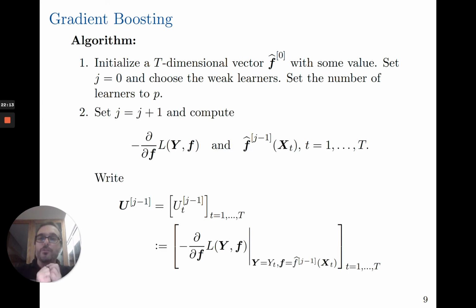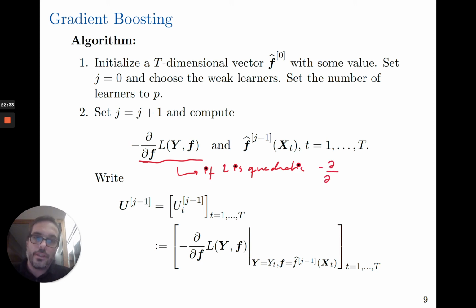So what we have to do now, let's take the derivative of the loss function multiplied by -1. But in our case here, remember, if L is quadratic, minus the derivative of L is just what? 2 times the error.